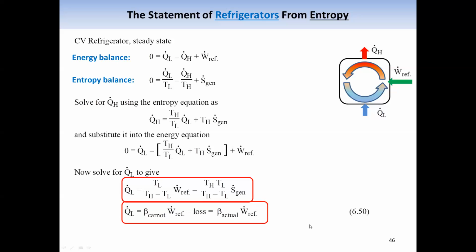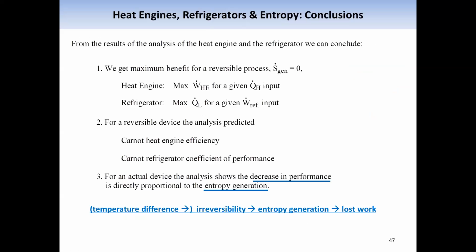So I will conclude this chapter by making a few statements. Number one, the entropy generation term is caused by irreversibility.